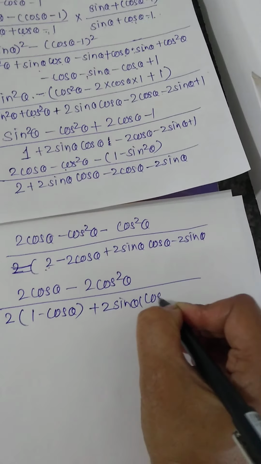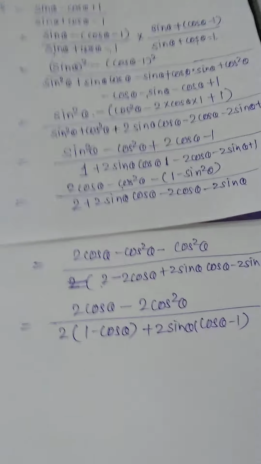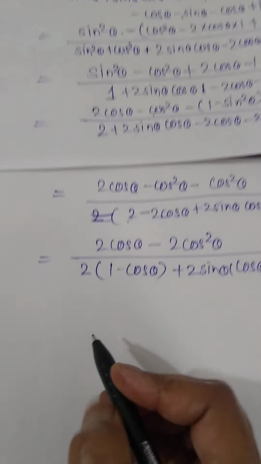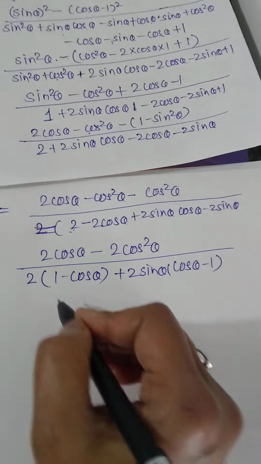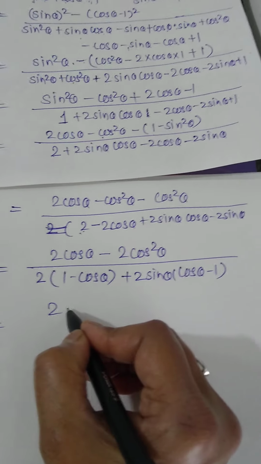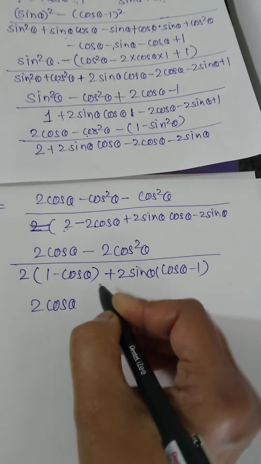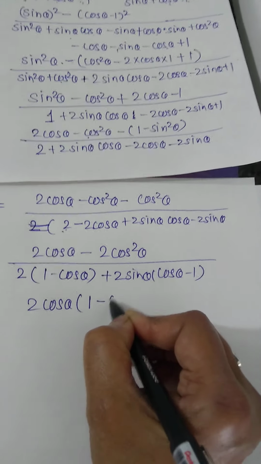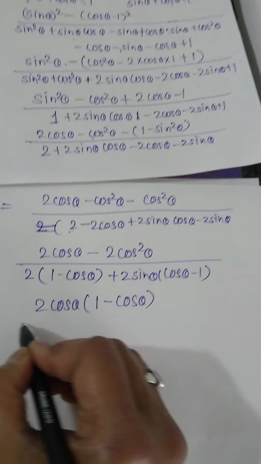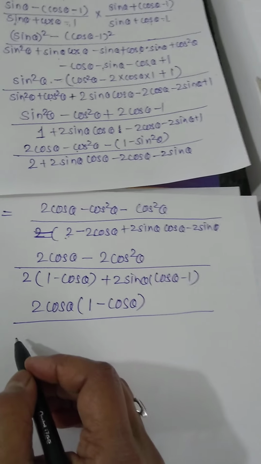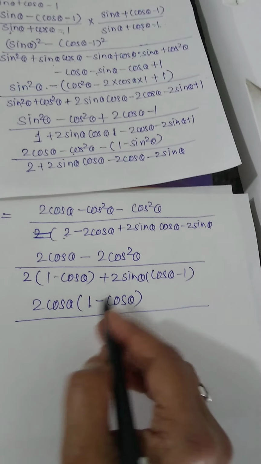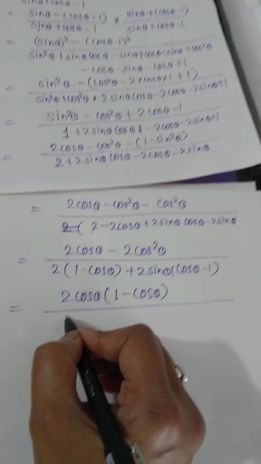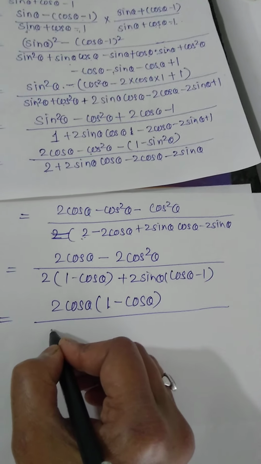So we can write here cosθ minus 1. Now if we take common from the numerator 2 cosθ, we have to write here 1 minus cosθ upon, and if 1 minus cosθ is in the numerator, we have to take 1 minus cosθ in the denominator also.